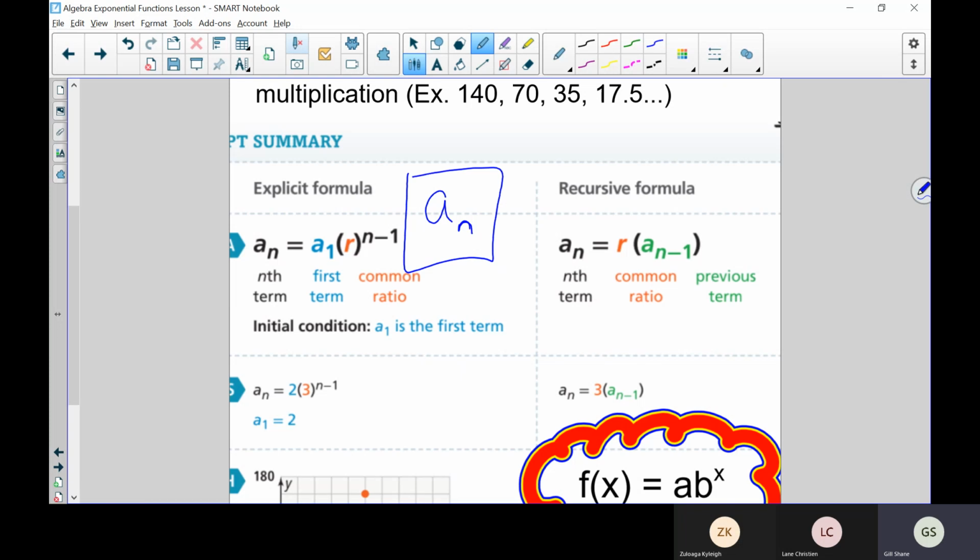The first term? No, that would be a sub 1.